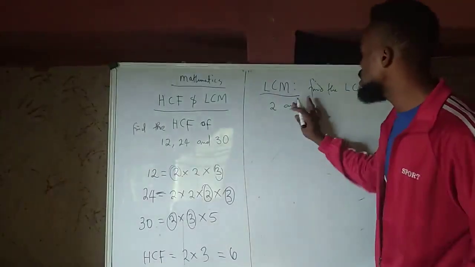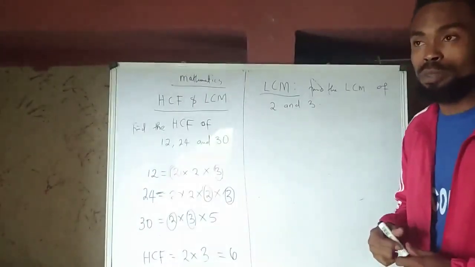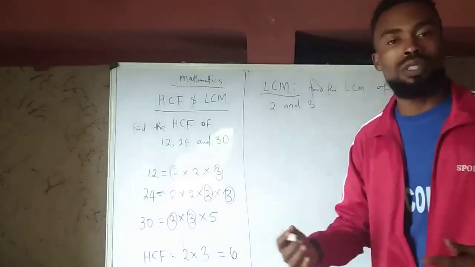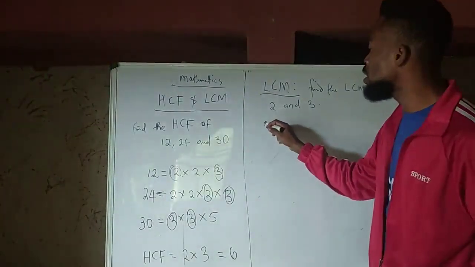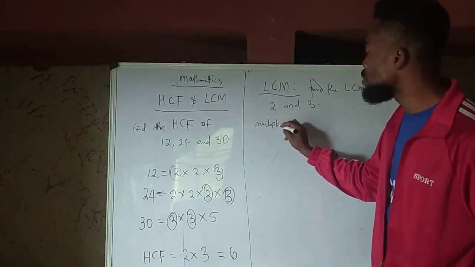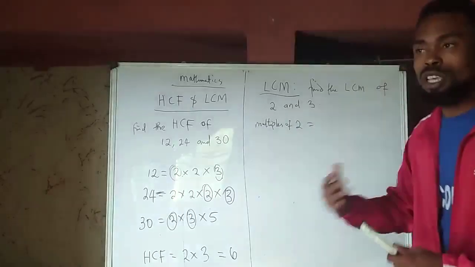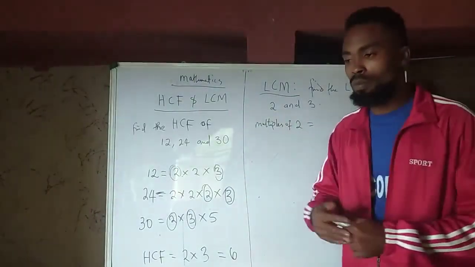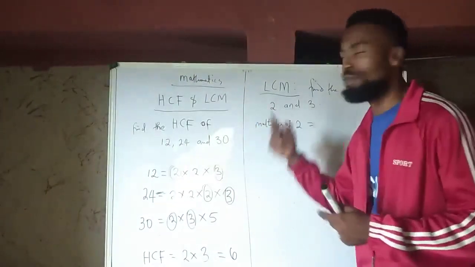LCM means lowest common multiple, right? So now let's look at the multiples of 2. When we say multiples of 2, it means the repeated addition of 2.